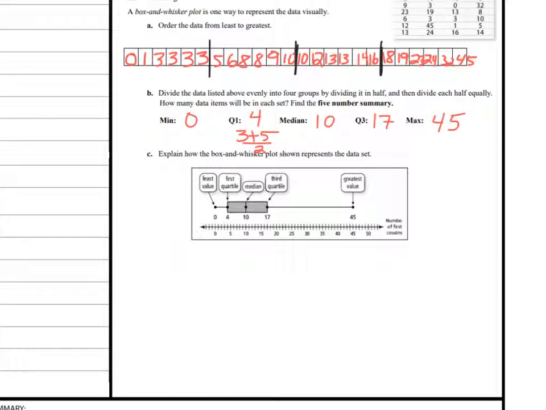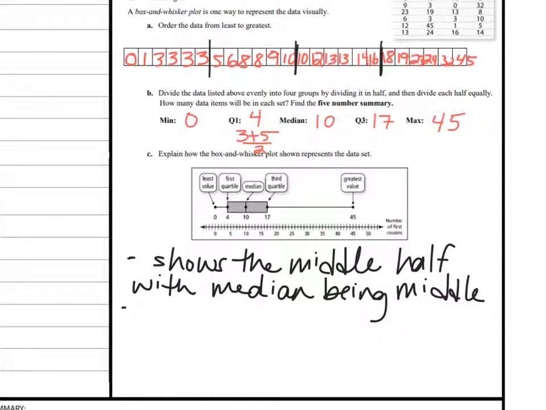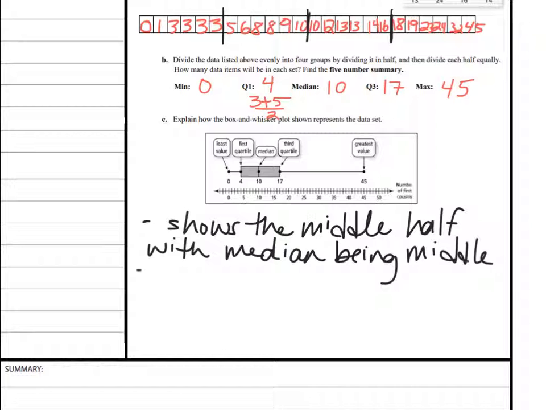This box plot shows the middle half of the data, with the median cutting a line in between. It also shows the first and last parts with the minimum and maximum numbers. And here's the part that's kind of tricky. The right side, on this actual graph, is more stretched out, right?